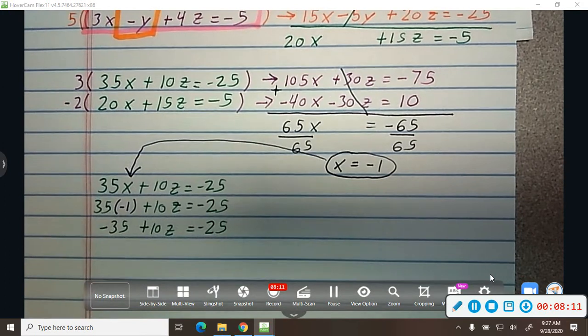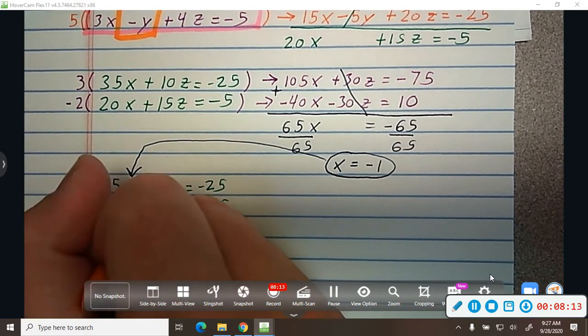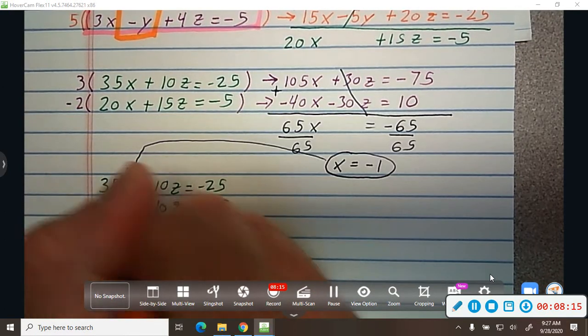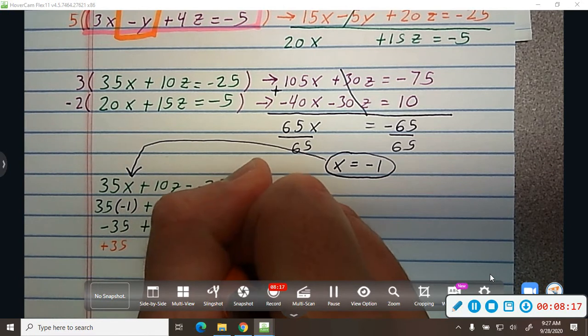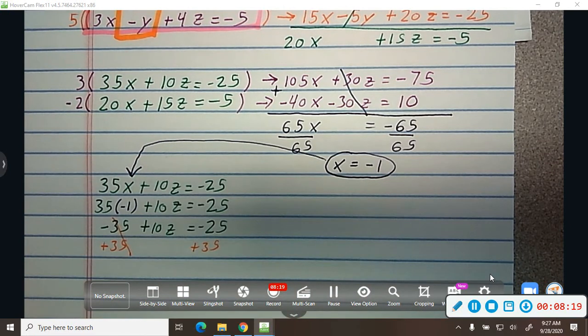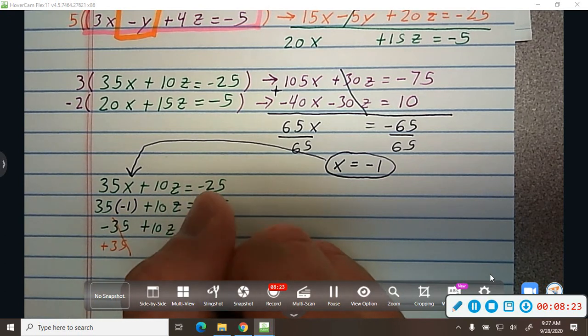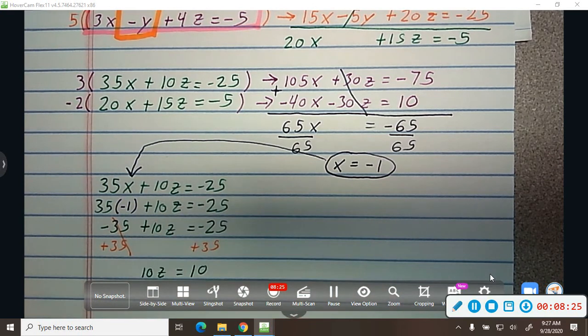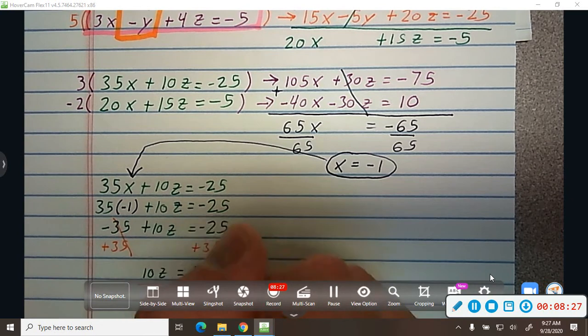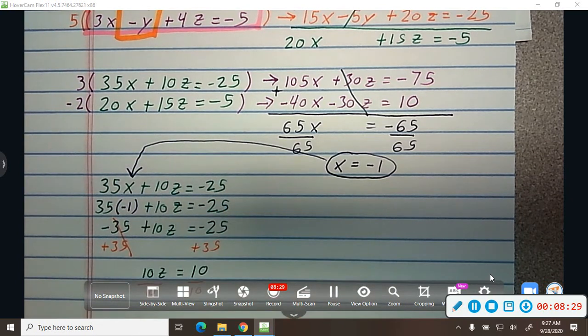And then I would add 35 to both sides. I get 10z is 10. Divide both sides by 10. And I get z is 1.